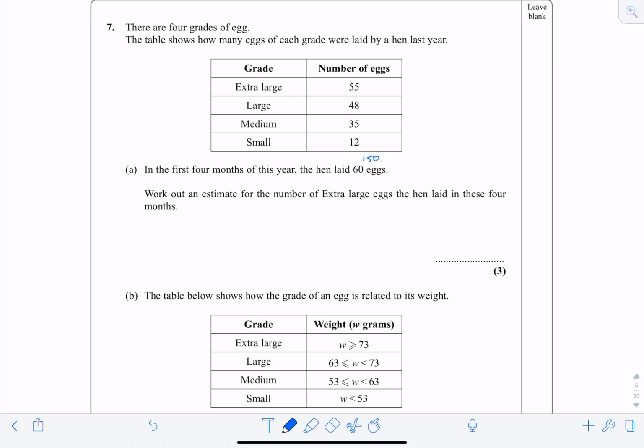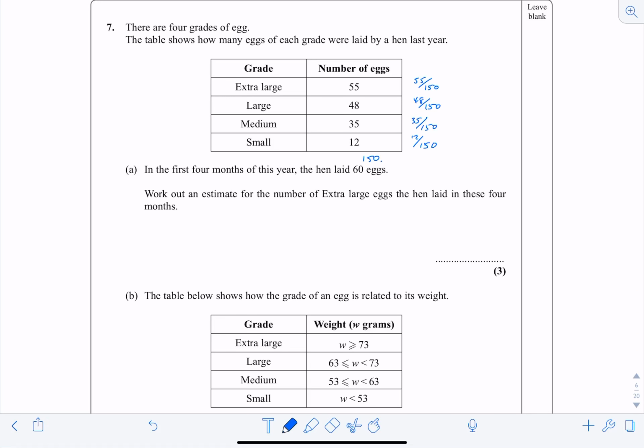So if I choose any one of these eggs at random, the probability is going to be 55 over 150 for that one, 48 over 150, 35 over 150, and 12 over 150.